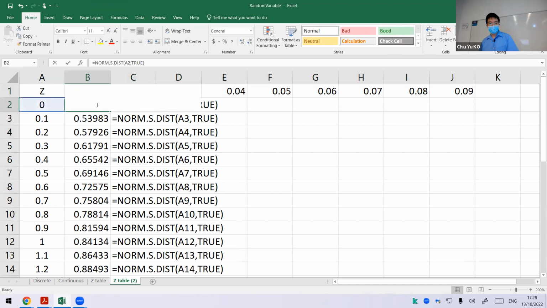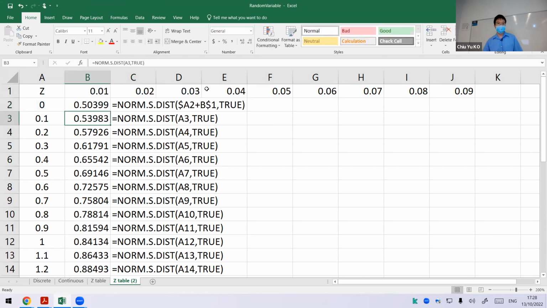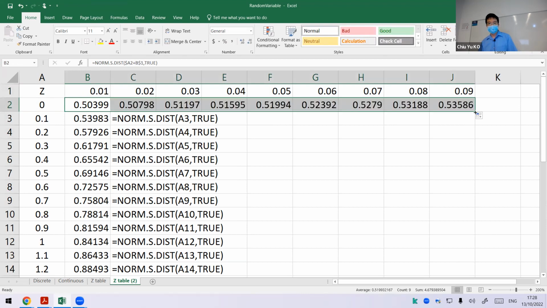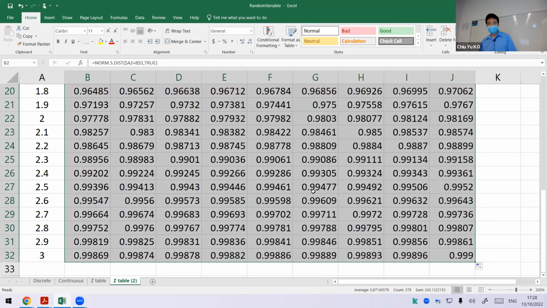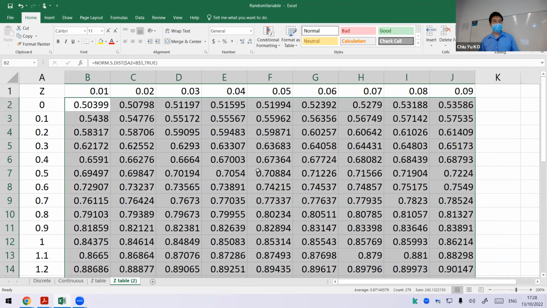And there's a trick to do this: you have to put the absolute address for the A, okay, and plus B1, and you put the absolute address for the 1, okay, and then you can just click this and drag, okay, then done. Okay, so that's how I do this table.